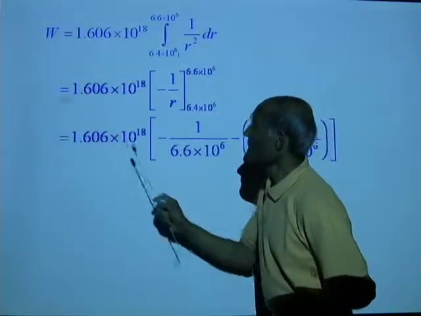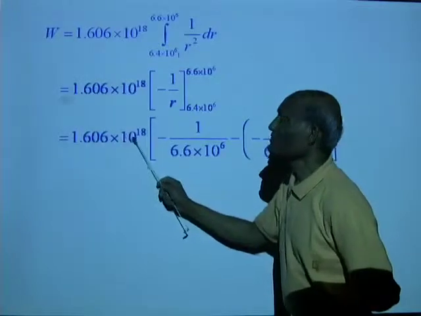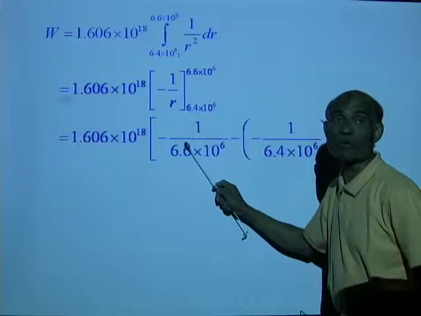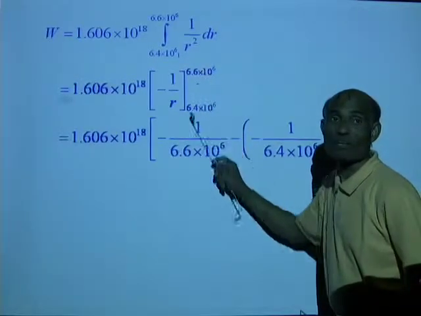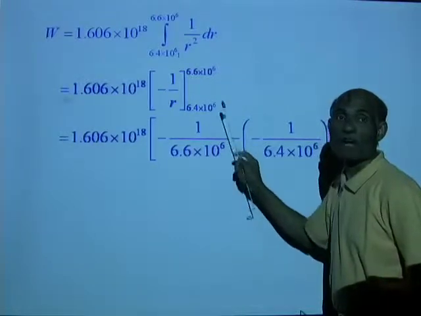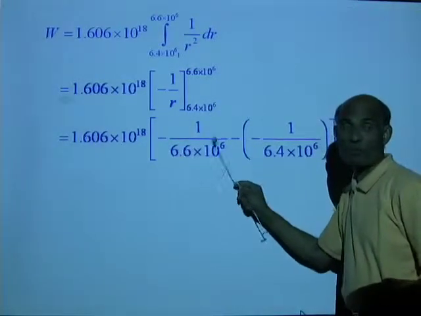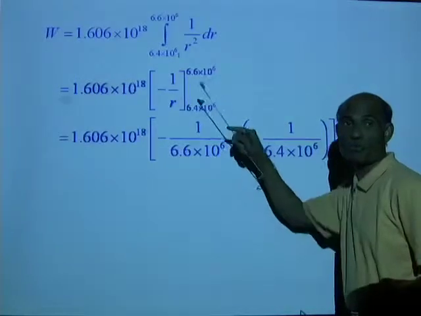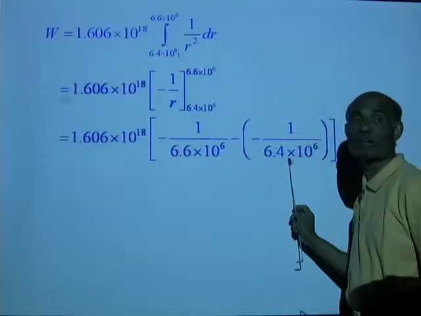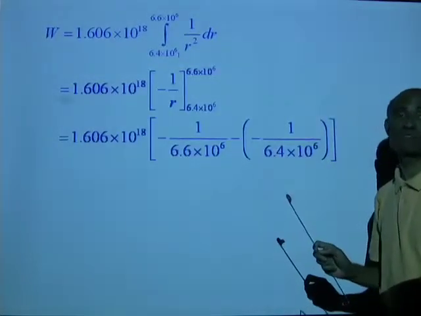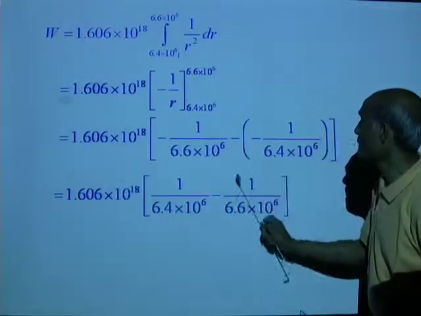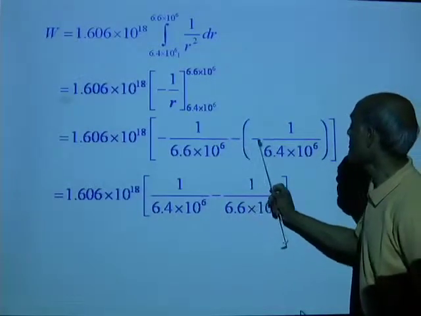That will be 1.606 times 10 to the 18 times negative 1 over the upper limit, 6.6 times 10 to the 6, minus the lower limit, negative 1 over R1, 6.4 times 10 to the 6. Now simplify that. First of all, these two negatives become positive.